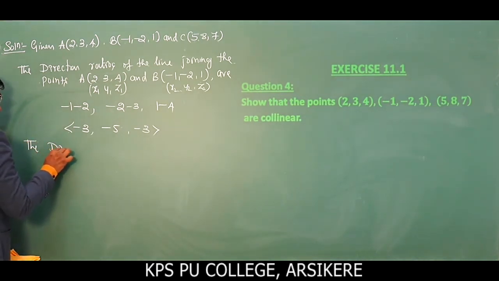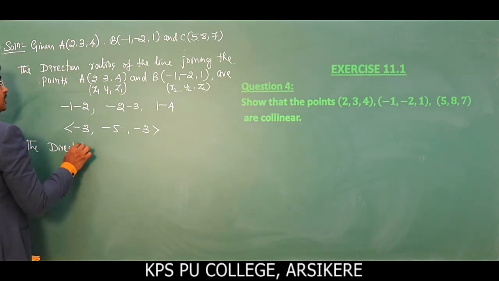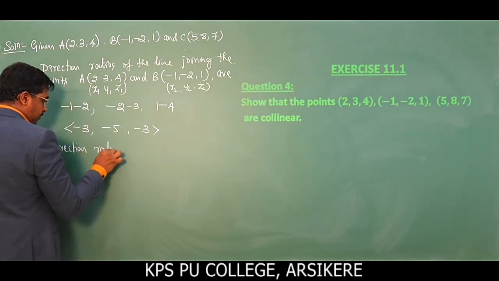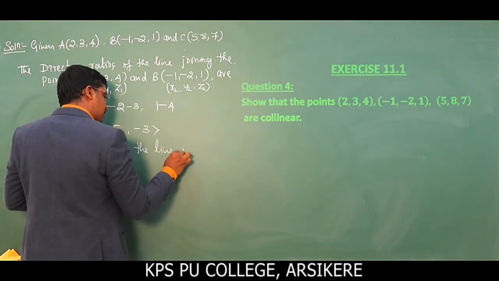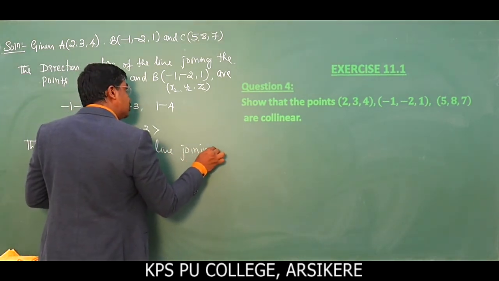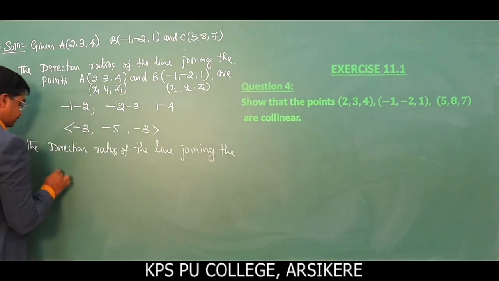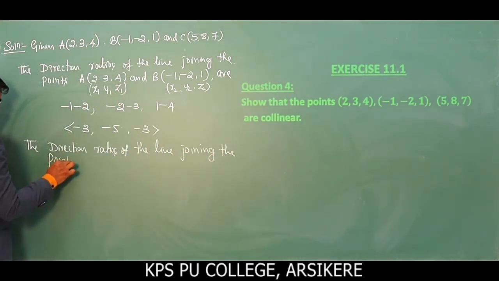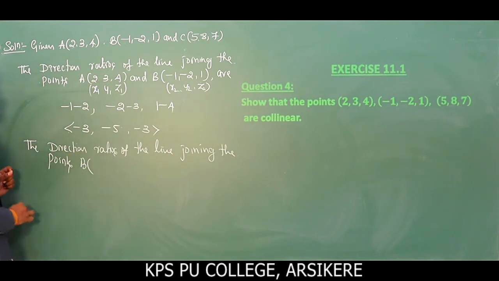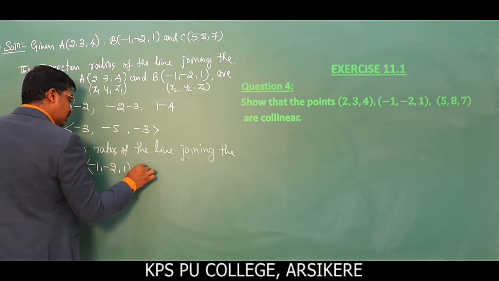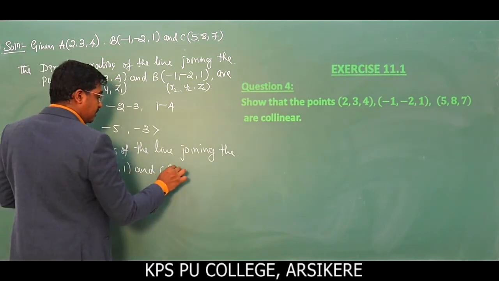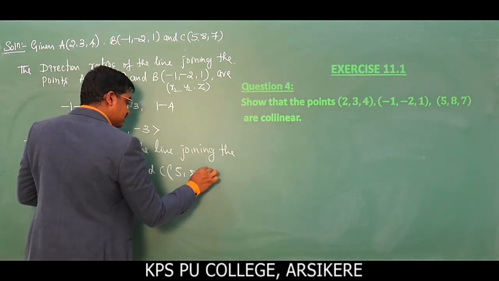Similarly, the direction ratios of the line joining the points B and C. Point B is (-1, -2, 1) and point C is (5, 8, 7).